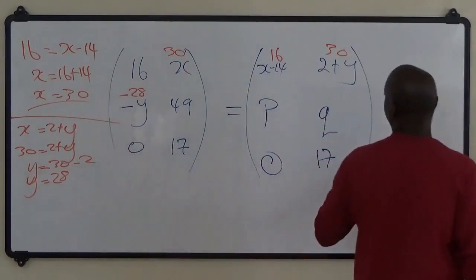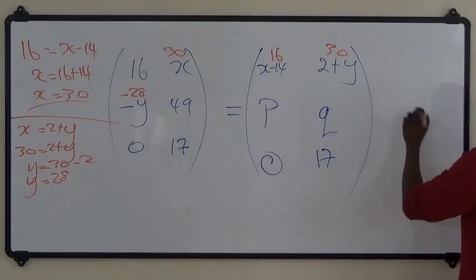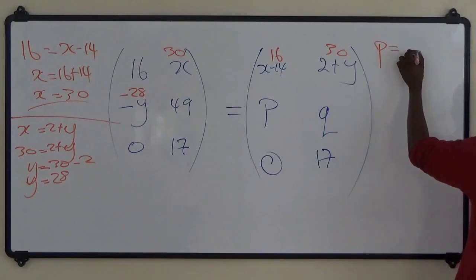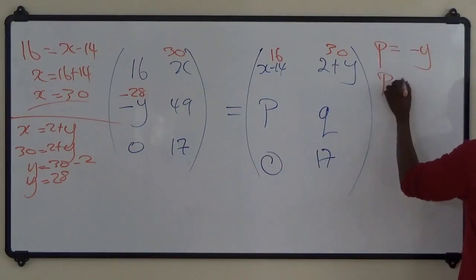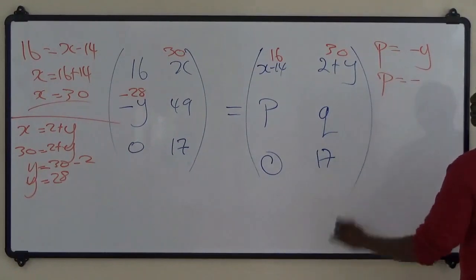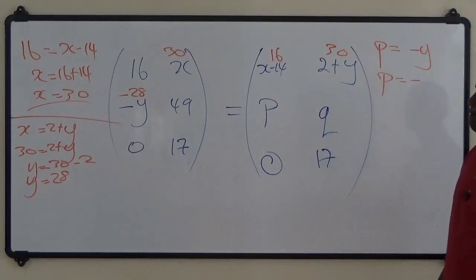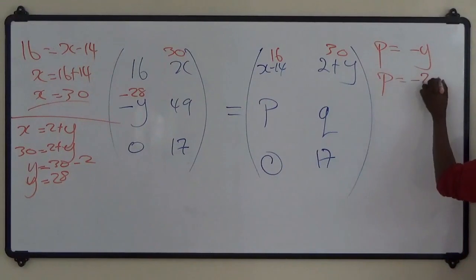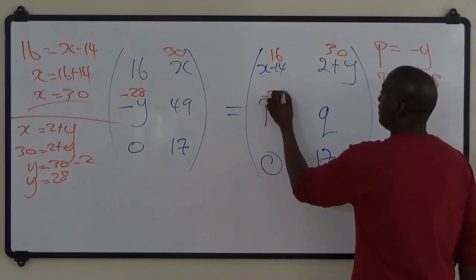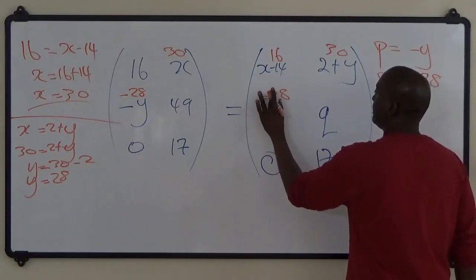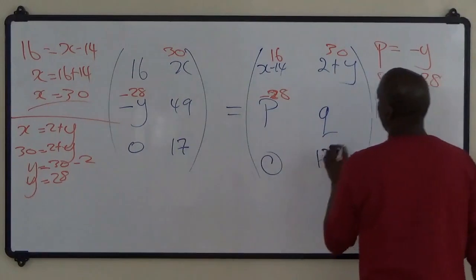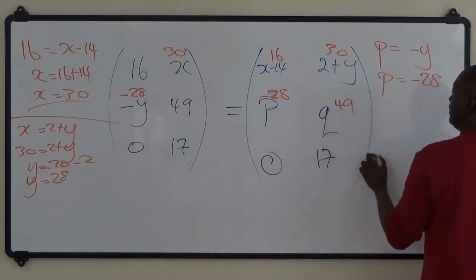And if p is equal to minus y, then p is equal to minus, remember, p is equal to minus 28. All right? So this here will be minus 28. And then we just have here q is equal to 49. All right?